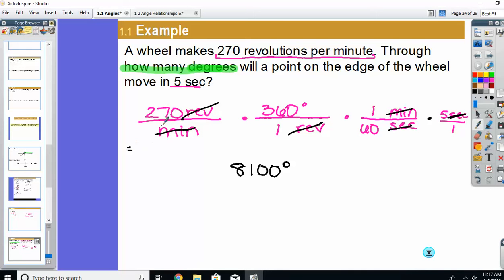If you just multiply top, 270 times 360 times 1 times 5. On the bottom, 1 times 1 times 60 times 1. So I divided by 60, and that's how I got here. So it's 8,100 degrees.